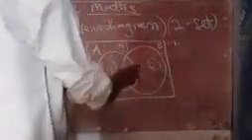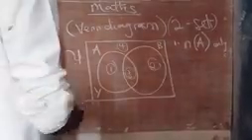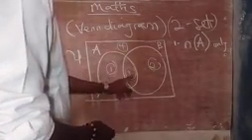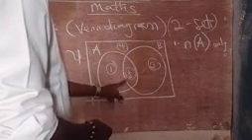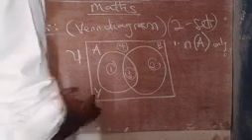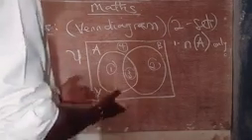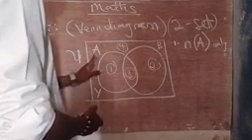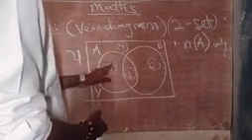The first compartment represents the number of elements in A only. Why? Because the number of elements in A would even include this part 3, but we're looking at only A. If it is a subject like physics and this is chemistry, we can say the number of students offering only physics, for instance.